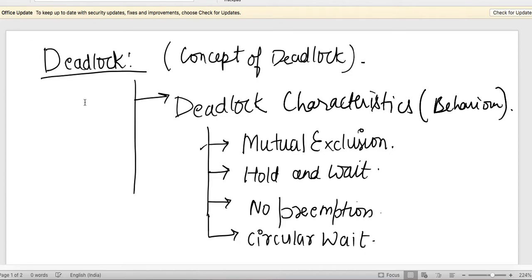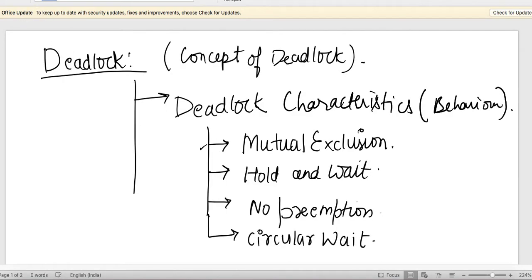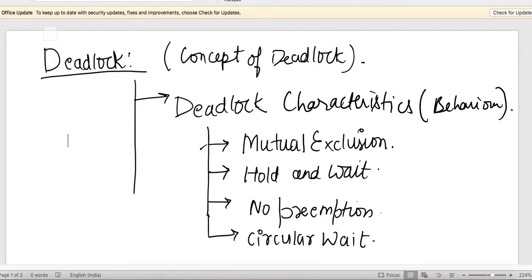So basically, let's see with one of the examples.